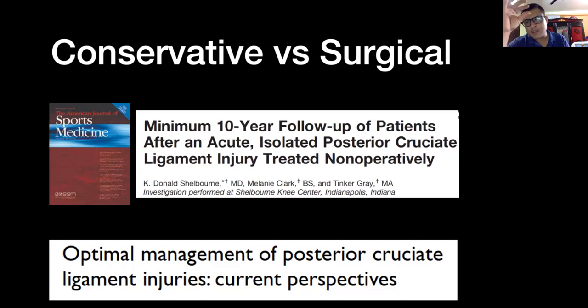What is your conservative regimen? Do you prescribe a brace? Do you prescribe special types of physiotherapy? I do not prescribe a special type of brace. We use one if there is an obvious sag.